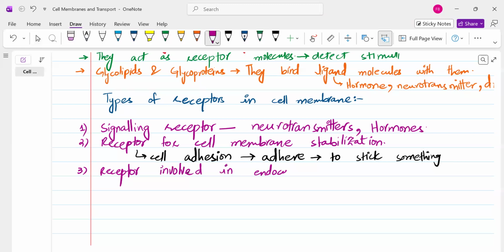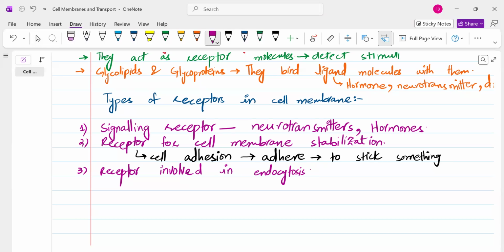Let me write it. No, no, it is not related to immunity. It is a type of transport. It is in the category of active transport. It is an active transport.